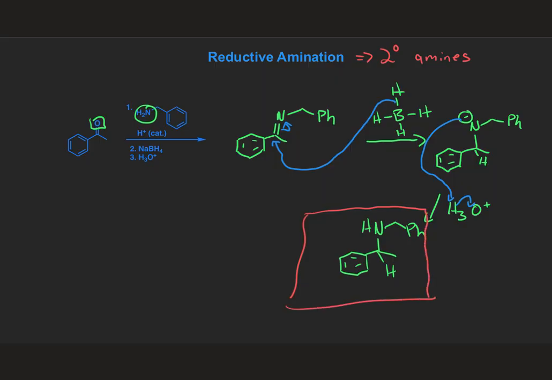And so if we're looking at this, we can see that this portion of the amine came from the ketone, and this portion of the amine came from the starting primary amine. That's going to wrap up our video on the reactions of amines with aldehydes and ketones.